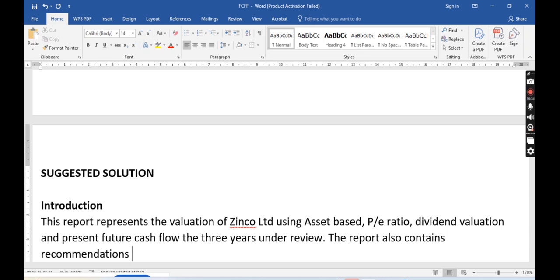The report also contains recommendations on the basis of valuation. So this is what you want to do, so you have to introduce it.